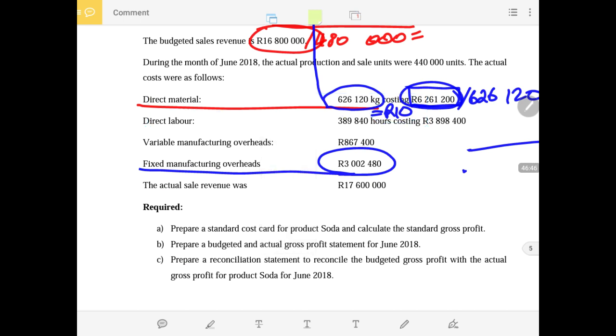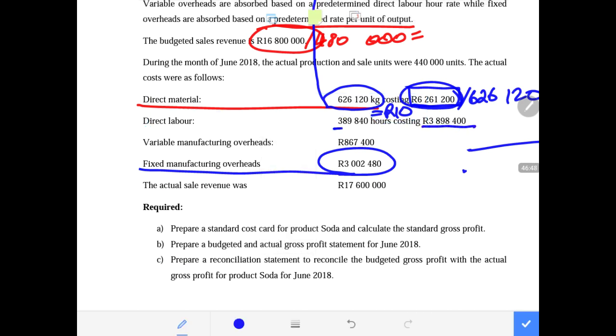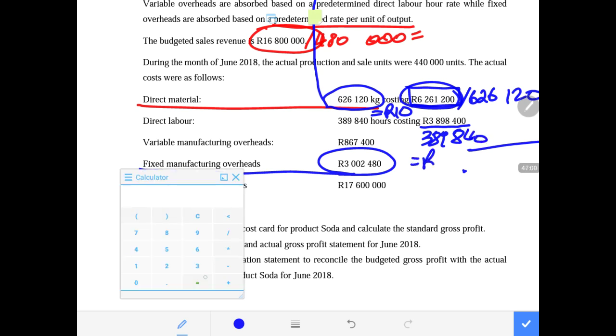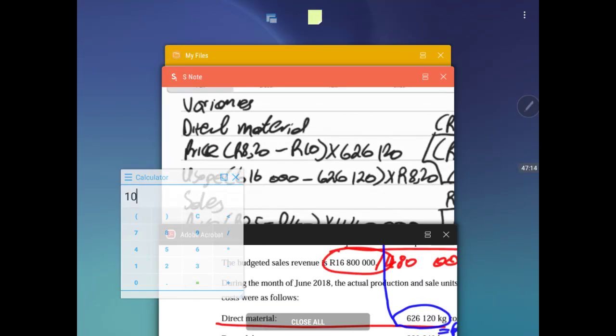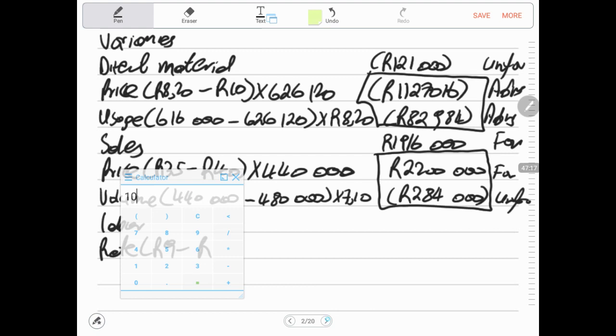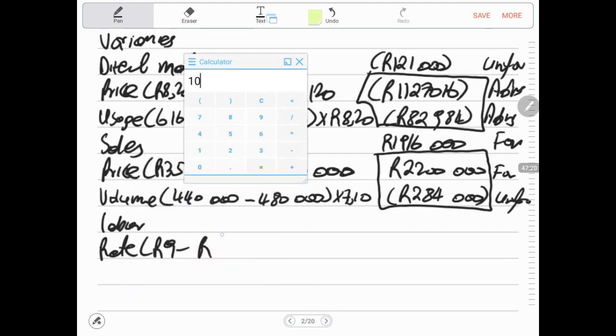Just to confirm, for our labor we had the actual total cost and total hours. We say the total cost divided by the total hours of 389,840 will give us the cost per labor hour. 3,898,400 divided by 389,840 gives us 10 rand actual labor cost per hour. So that 10 rand will be the one that we now record in this variance. 9 rand minus 10 rand, times the actual labor hours.